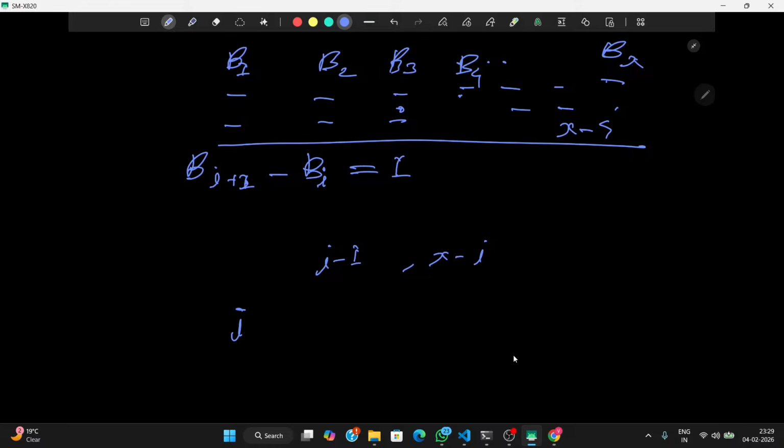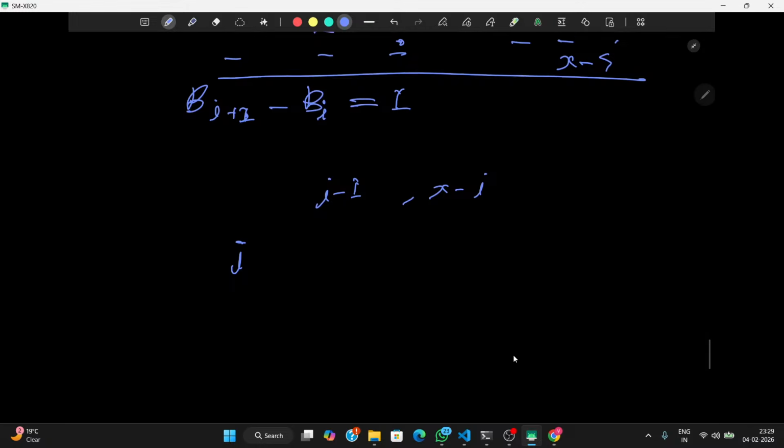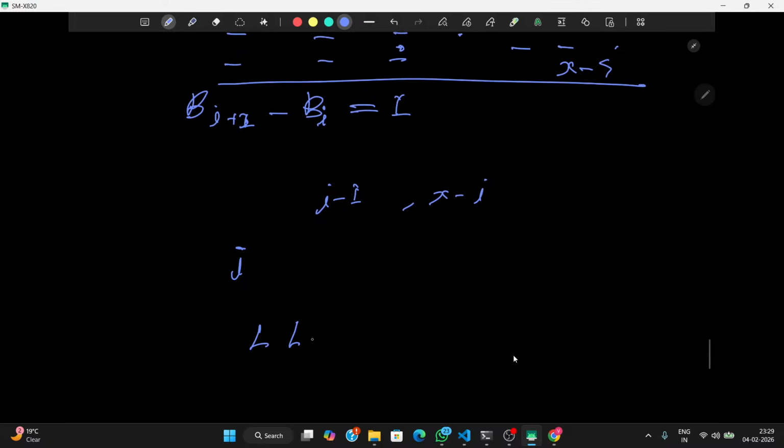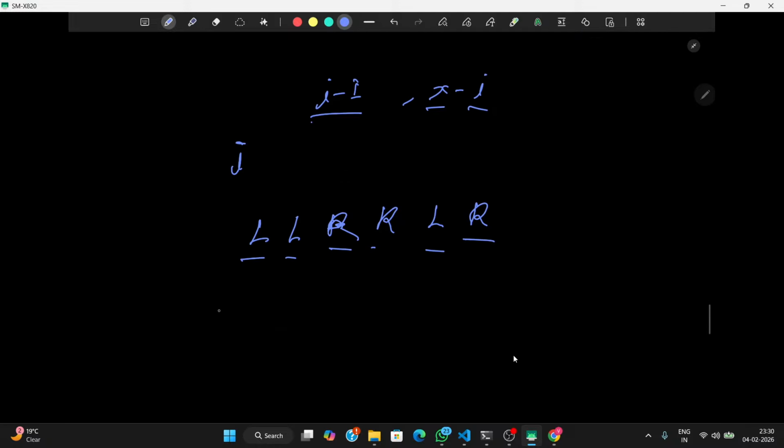So this is a classic thing. You can simply say that we need to make a left and right array, where the number of lefts is exactly i minus 1, and the number of rights is exactly x minus i. This simply comes out to be (x minus 1) C (i minus 1), right?